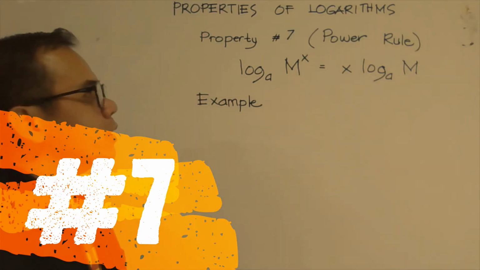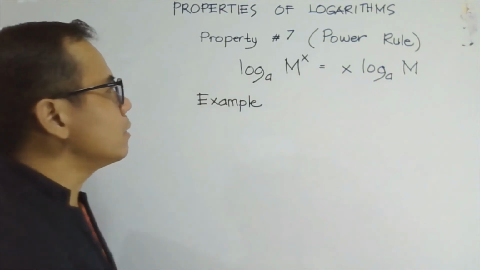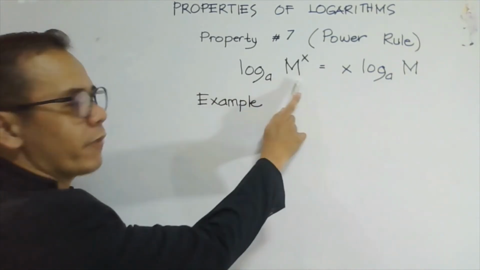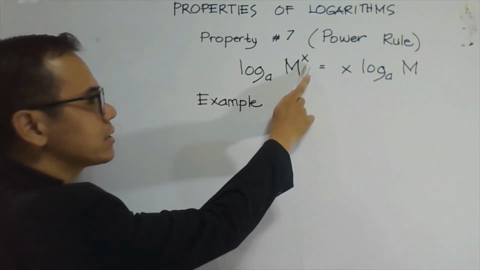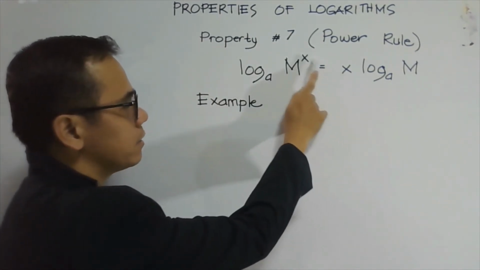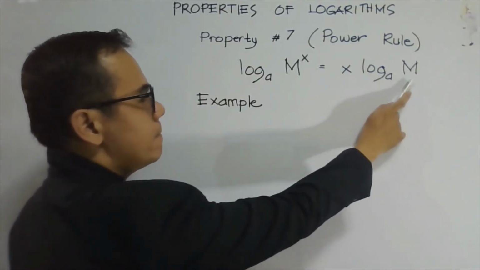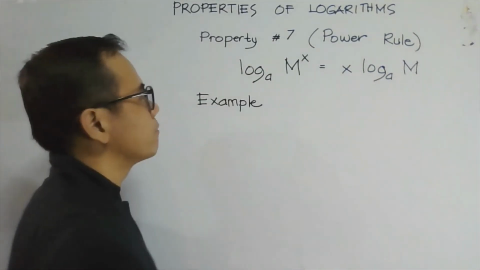The seventh property of logarithm, also called the power rule, is the log of m raised to the power of x base a is equal to x, the exponent, multiplied by the logarithm of m base a.